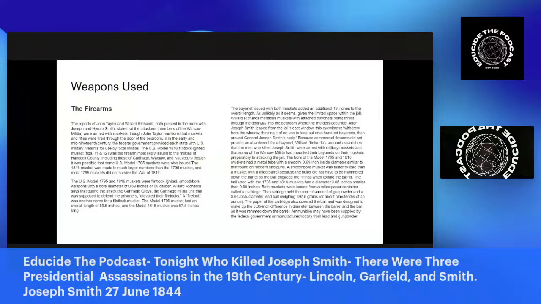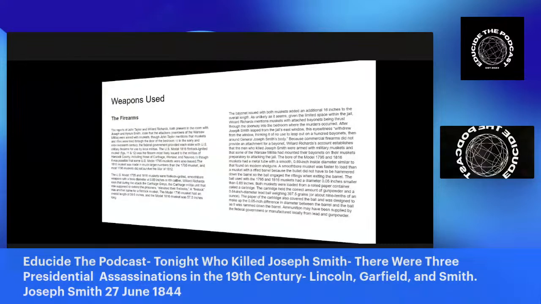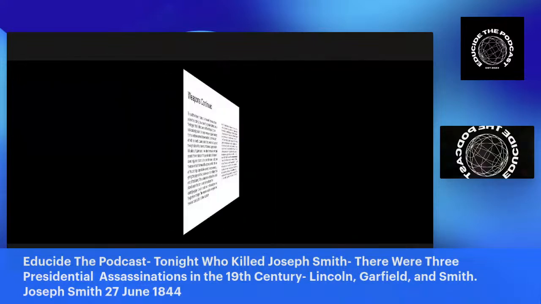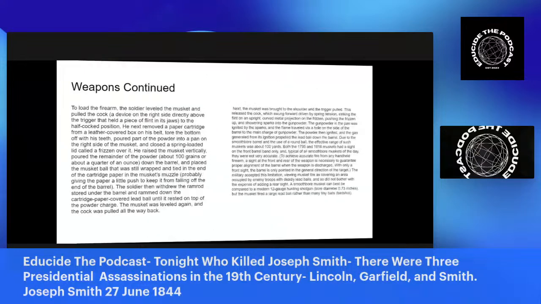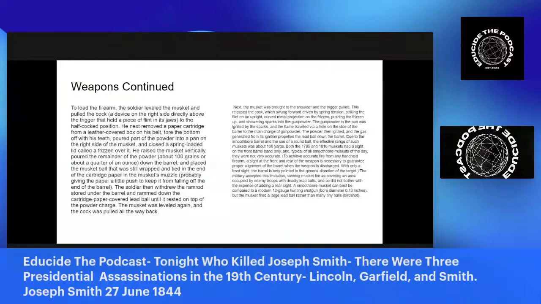They were much smaller caliber, leading one to conclude that the Smiths were shot with small firearms. Here you can again read the continuation. Also remember that the wounds do not lie.